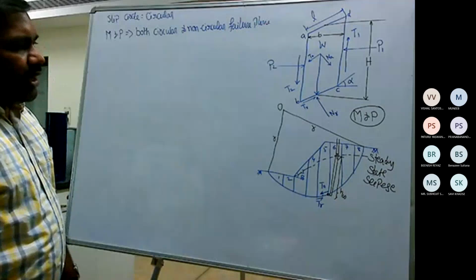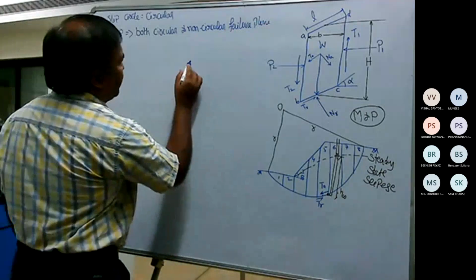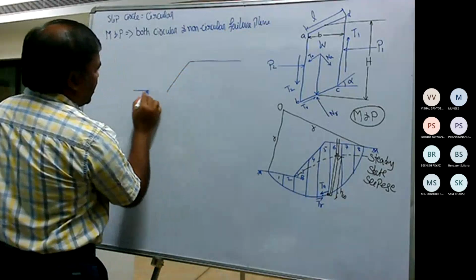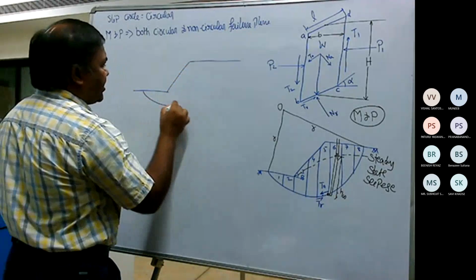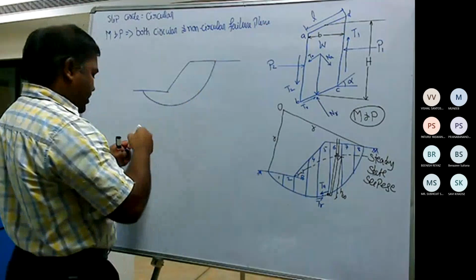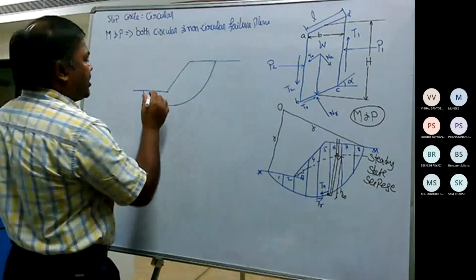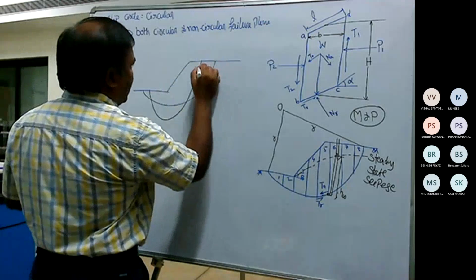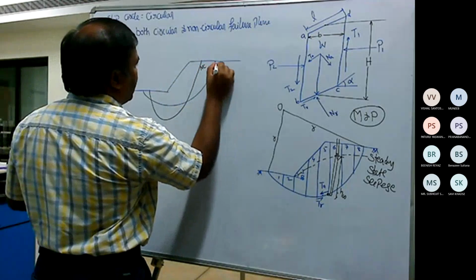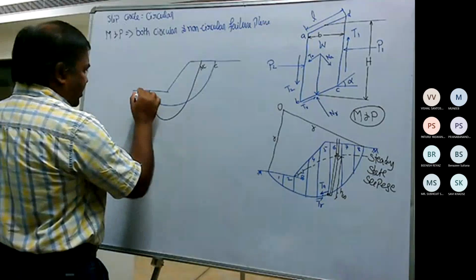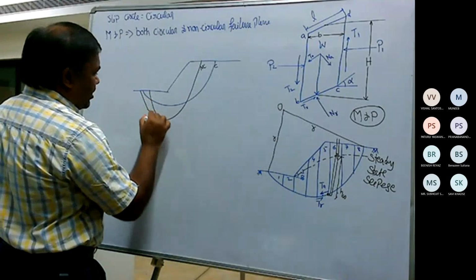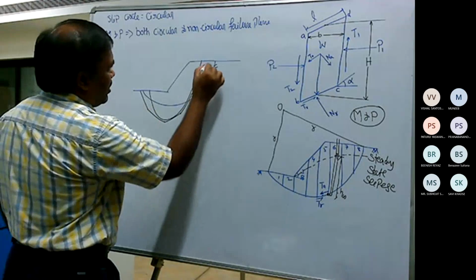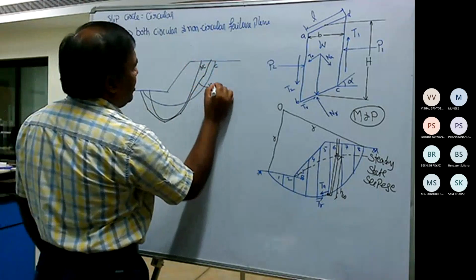Or sometimes it could be something else, for example non-planar. See, this is a perfect circular, or sometimes it may be non-circular. So this is non-circular and this is circular. Sometimes it could be something like this, so this is non-planar.